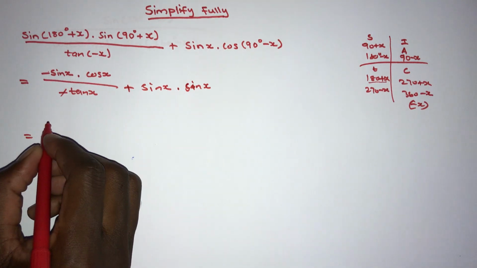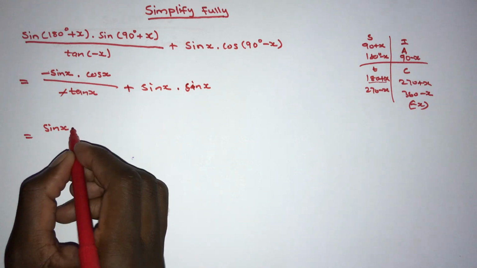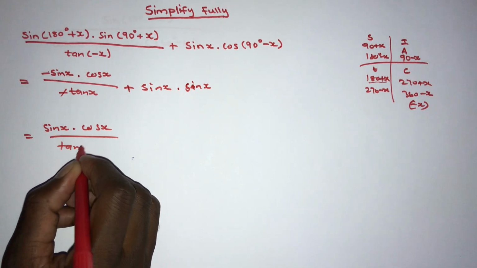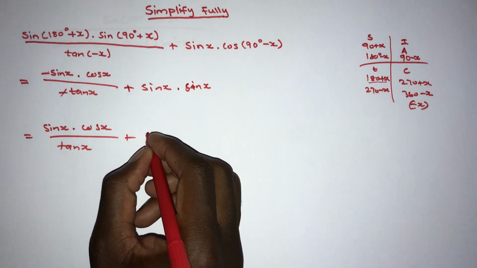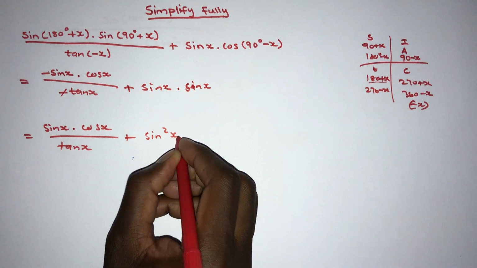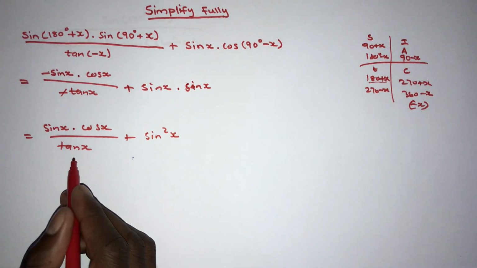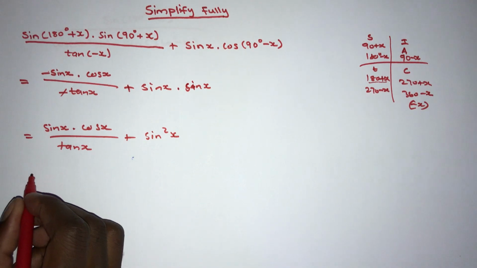So let's go straight. Sine x times cos x, then we divide by tan of x. Plus sine times sine, which is going to be sine squared x, since we're multiplying. Now let's change tan.